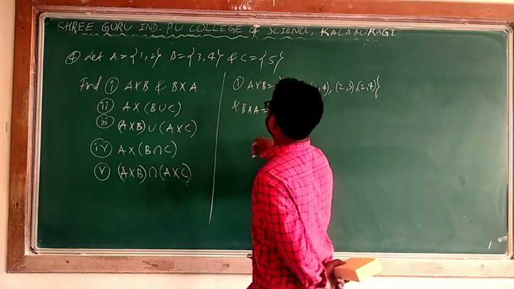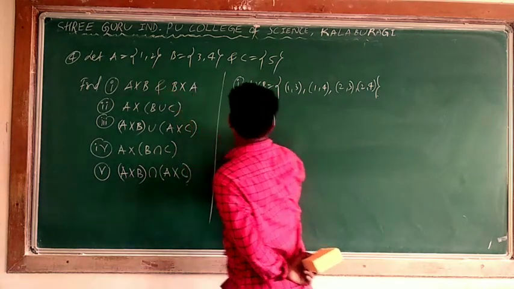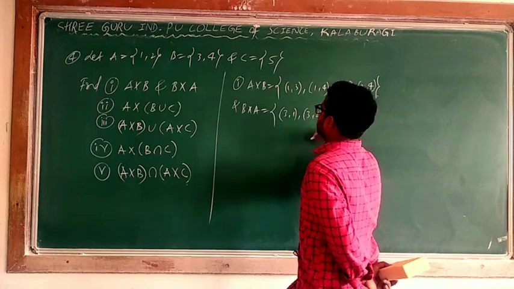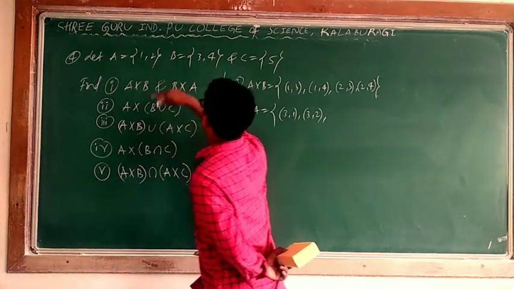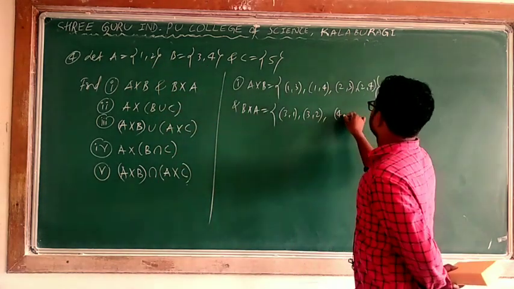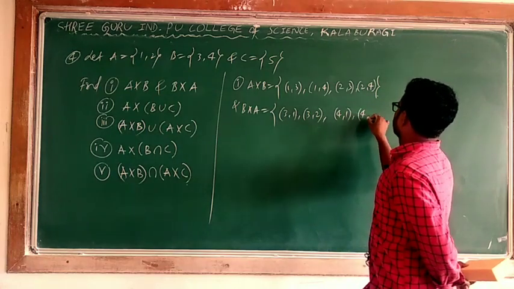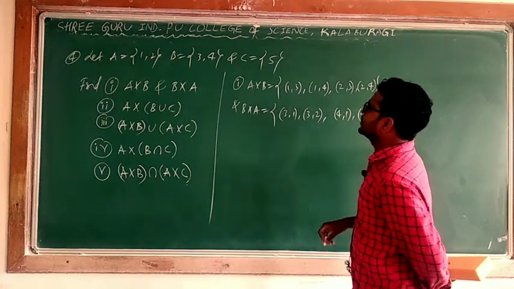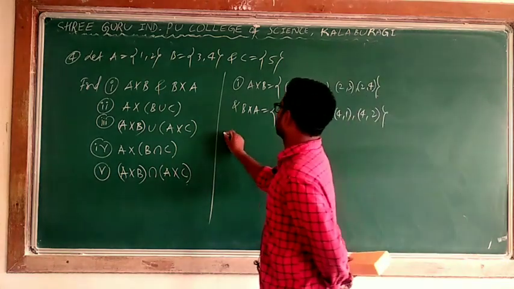B cross A is B with A: 3 with 1, 3 with 2. Then 4 with 1, 4 with 2. This is about A cross B and B cross A. This is the first one.